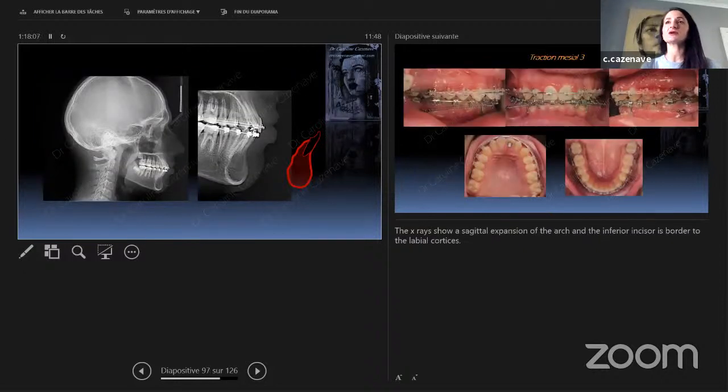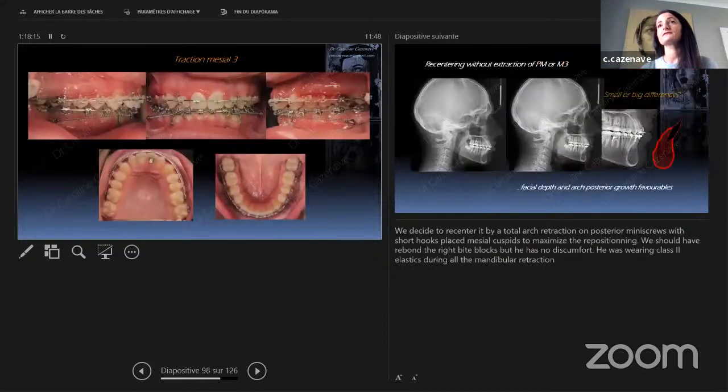The X-rays show a sagittal expansion of the arch, and the inferior incisor is bordered to the labial cortices. We decided to recenter it by a total arch retraction on posterior miniscrews with short hooks placed mesial to the cuspids to maximize the repositioning.